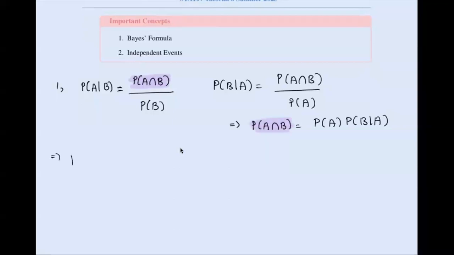We can rewrite probability of A given B. Instead of writing probability of the intersection, I can just use the whole expression here. And this one is called Bayes formula.